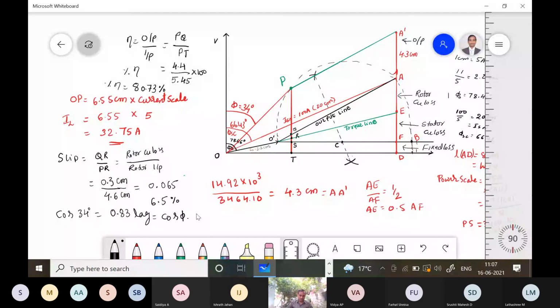So in this problem we need to calculate the torque, right? That is the maximum torque. For that we need to draw a parallel line to the torque line.